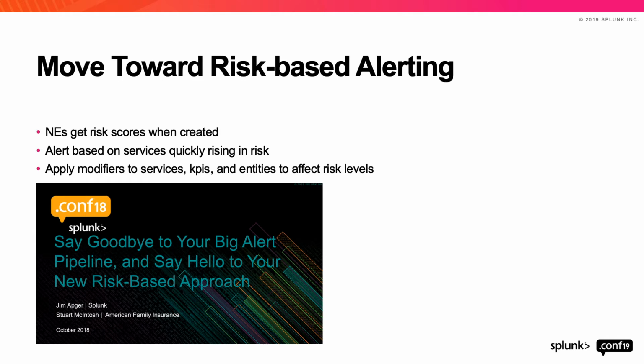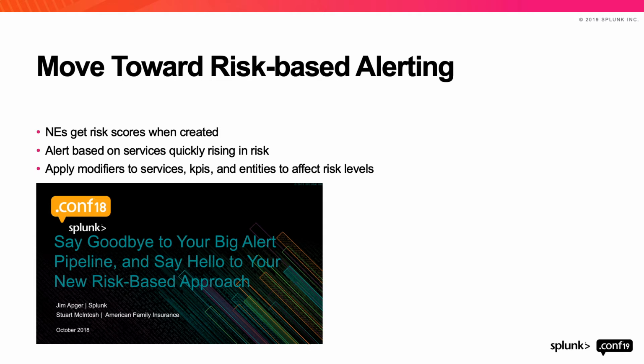Basically, every time we create a notable event, we're not going to say alertable yes or no. We're going to give it some numeric score. That numeric value represents the relative risk that notable event has to the overall group.